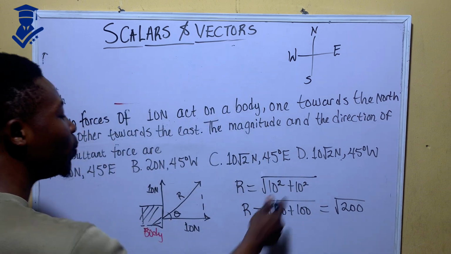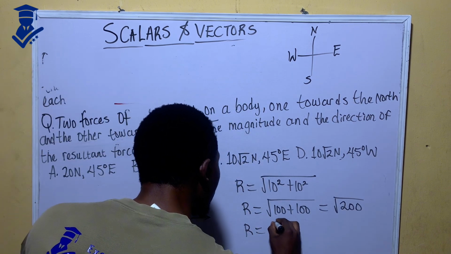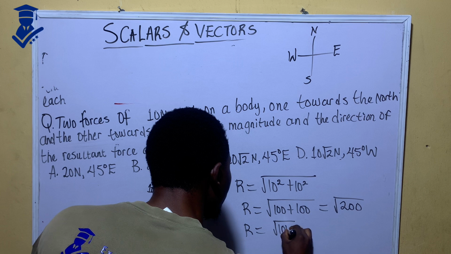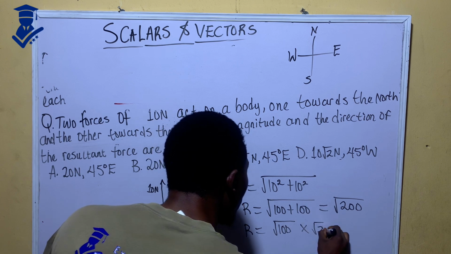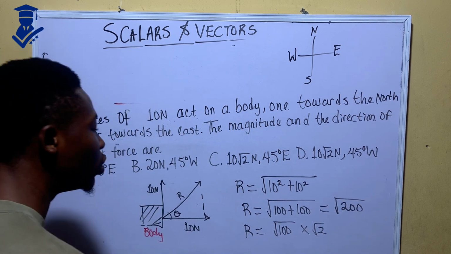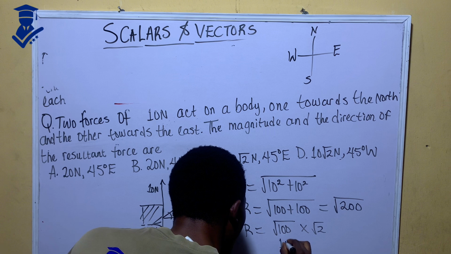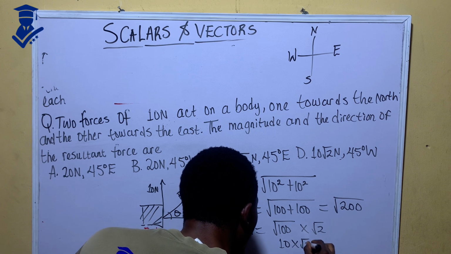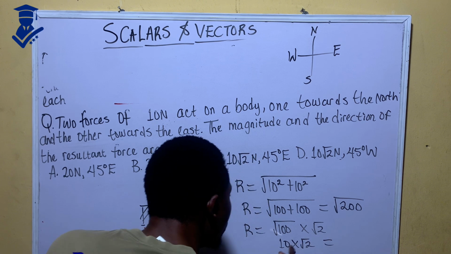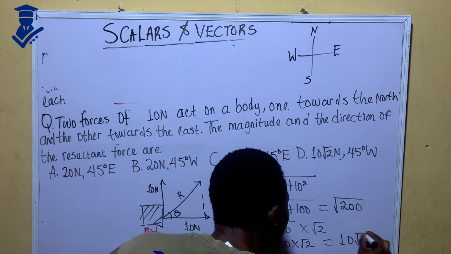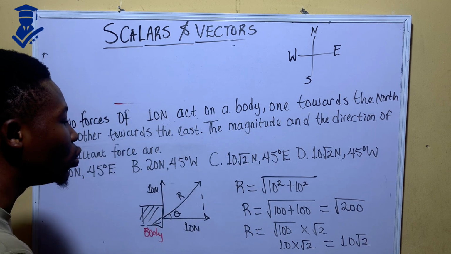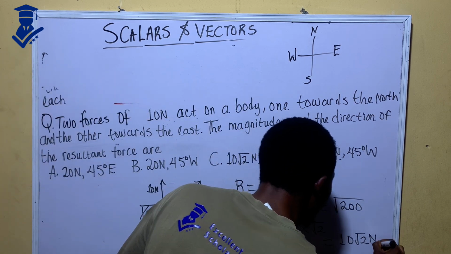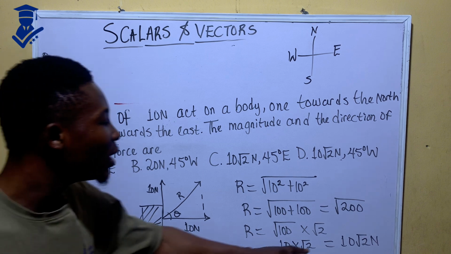I can split this into 100 times root 2, because 100 times 2 gives us 200. The square root of 100 is 10, so this is 10 root 2 Newton. So our resultant is 10 root 2 Newton.